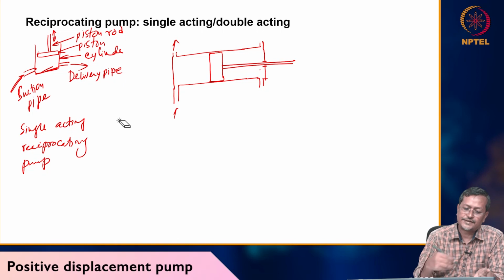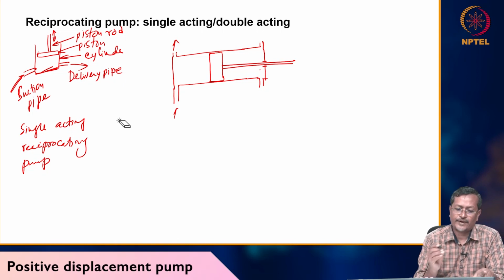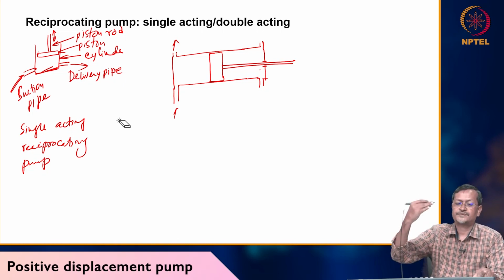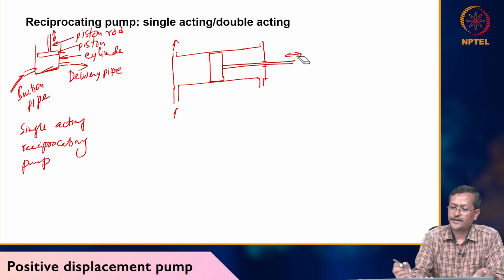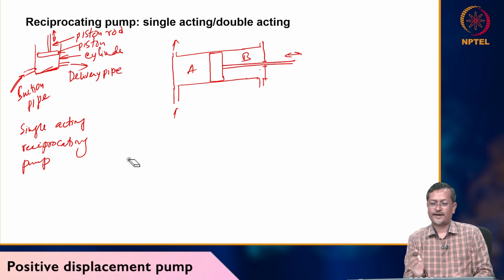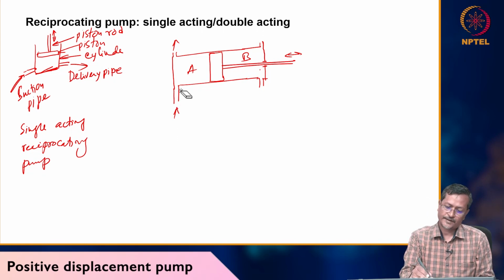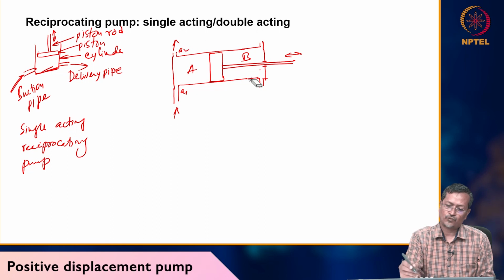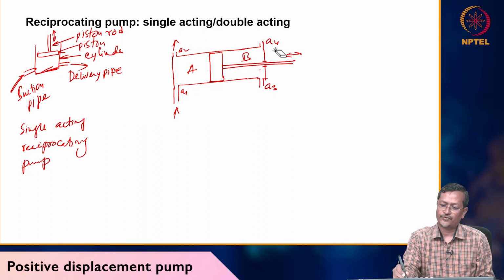So in single acting reciprocating pump, you had only one time delivering, one time sucking, but in double acting pump, you say A, B. A side is actually a single acting pump. Let's say A1, A2, A3, A4.